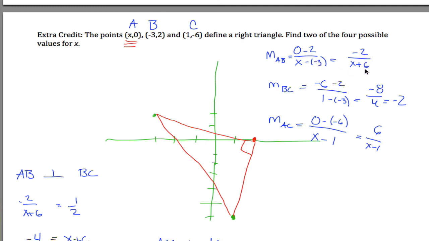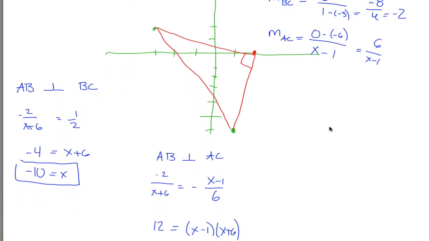Oh, because I screwed up. X minus negative 3 is x plus 3 here, not x plus 6. Shoot. So this should have been x plus 3. God. It's a lot easier to learn when your teacher doesn't screw stuff up. This should have been x plus 3. Subtract 3 from both sides, you get negative 7 is equal to x.